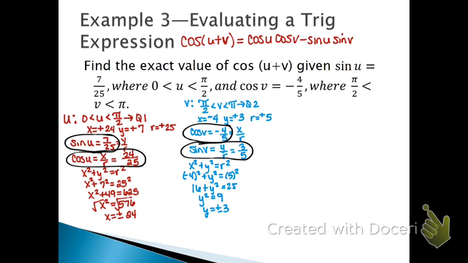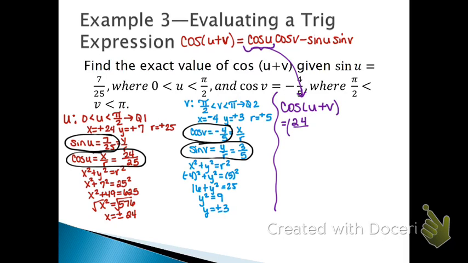So what do we do? Now, for this equation here, cosine of u plus v that we're looking for, we know it's cosine of u, which is what? Cosine of u is 24 over 25.